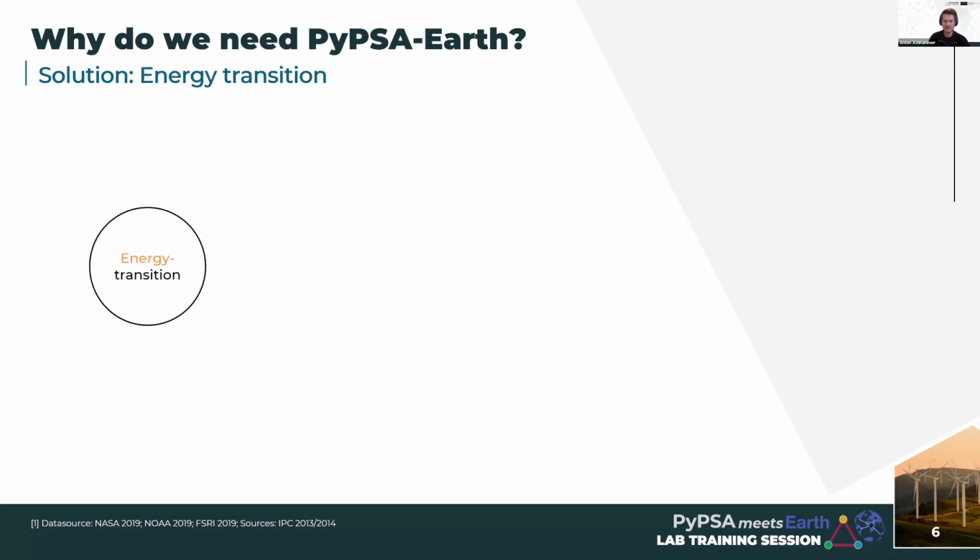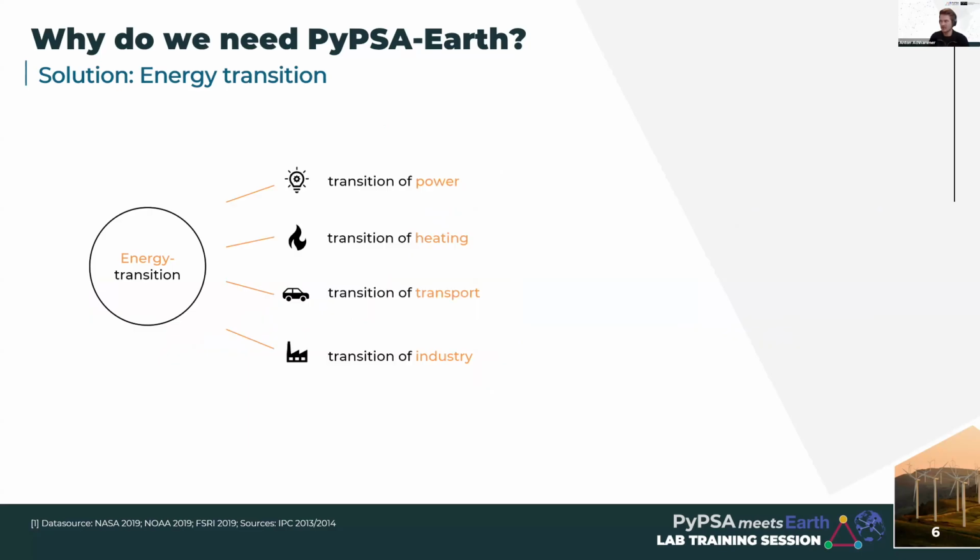So what's the solution to limit the emissions? Of course, an energy transition, but an energy transition is not only a transition of our power system. Energy is also used in various other sectors. It's a transition of heating, a transition of transport, and also a transition of industry.